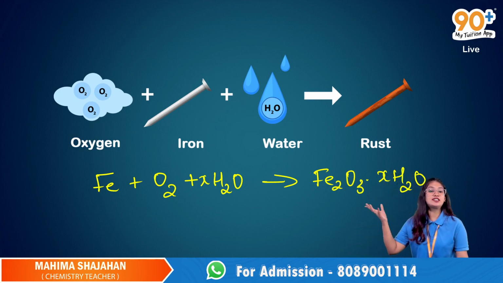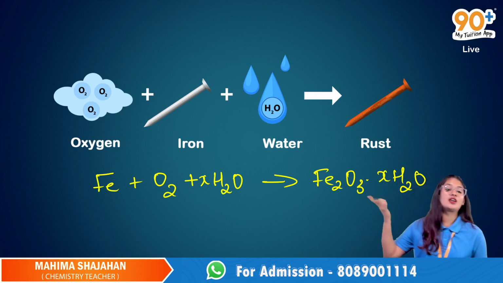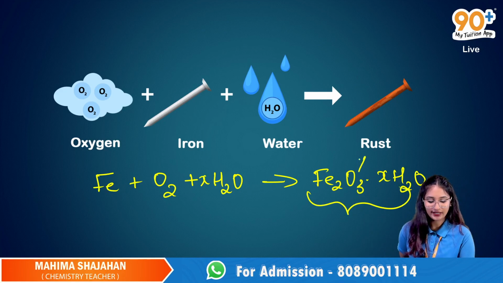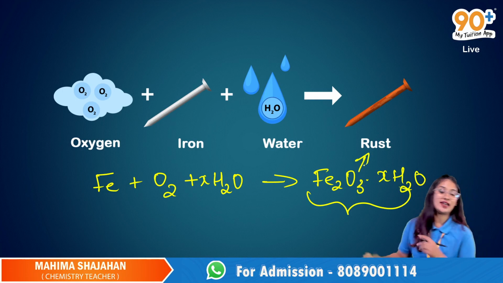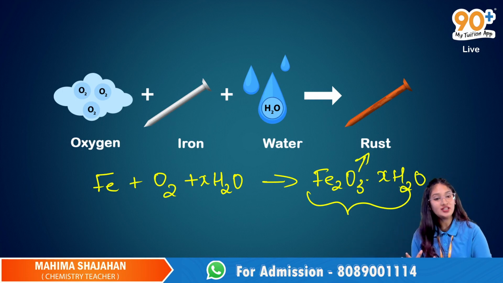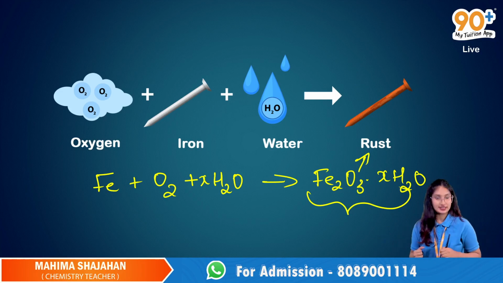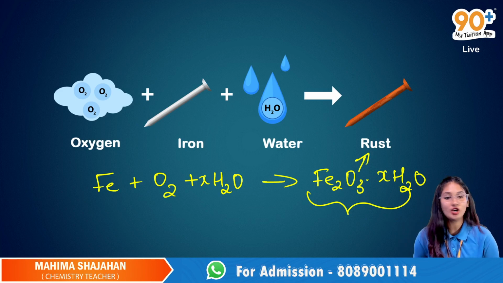What is this called? It is called hydrated ferric oxide. This hydrated ferric oxide ആണ് നമ്മുടെ rust. So iron is combining with oxygen and also the water content present in the air and forms its oxide. It's a hydrated ferric oxide and that is called your rust.